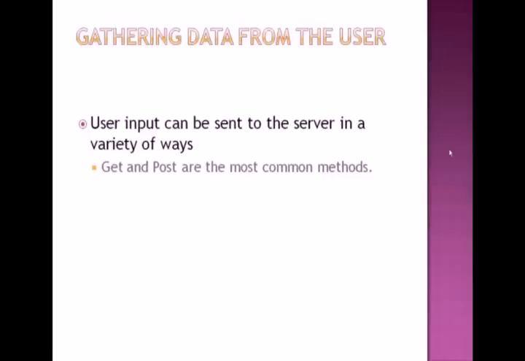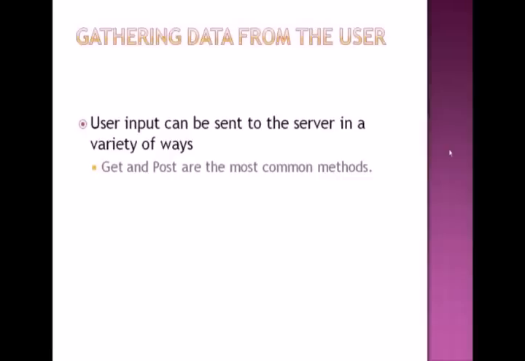Before we talk about the validation controls, let's look back at how information is sent from the user to a server. Every web page on the internet has to deal with input from users.